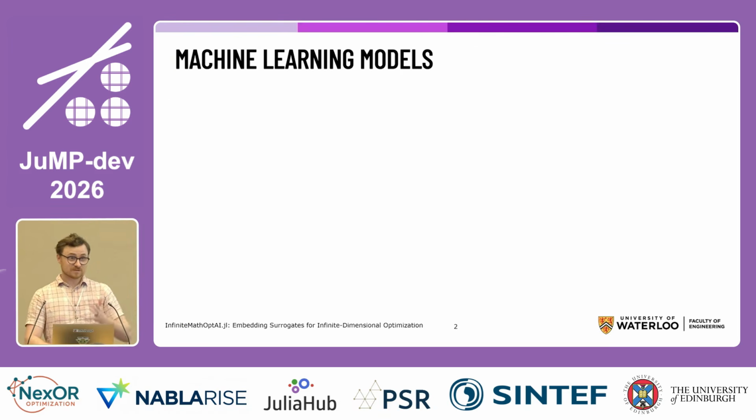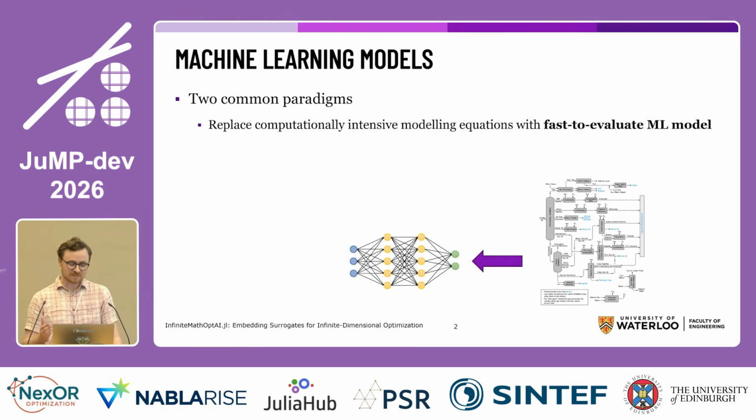Okay, so machine learning models, to this audience, most of us probably know what this is, but in this context for optimization, there are two paradigms that come up. The first is maybe you have some computationally intensive model, like a CFD model, that is not practical to put in an optimization problem because it might take days to get one simulation.